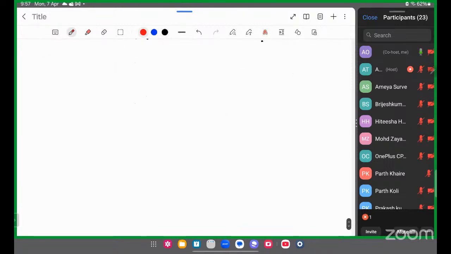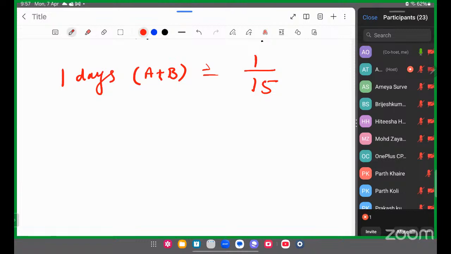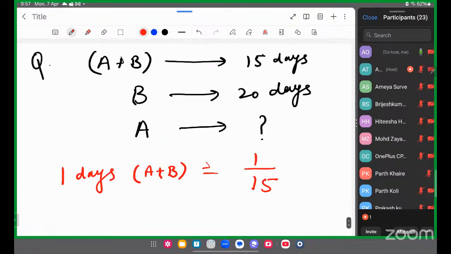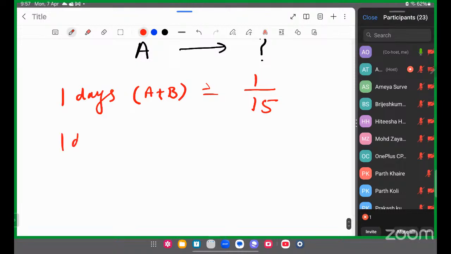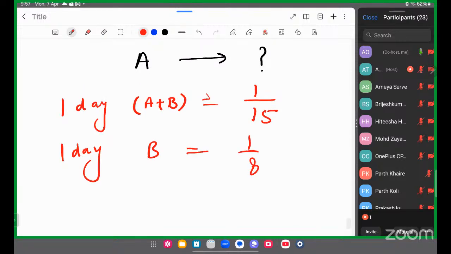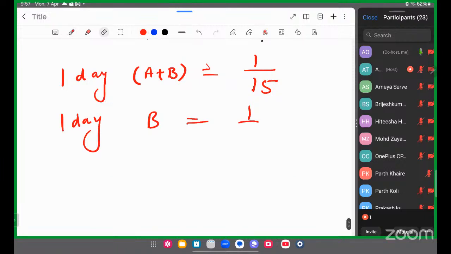If A and B are working together, they take 15 days to complete the work, which means in one day, A and B have done 1 by 15th part of the work. If A plus B are taking 15 days, one day will have 1 by 15. Now, one day of work for B is 1 by 20. Understood?